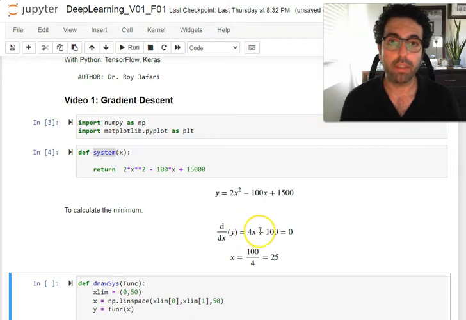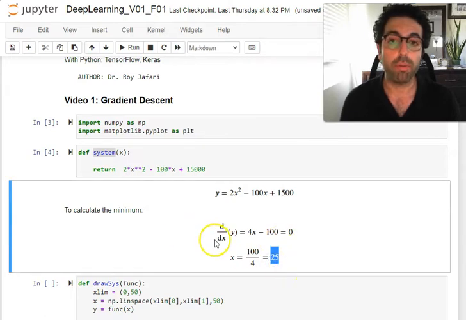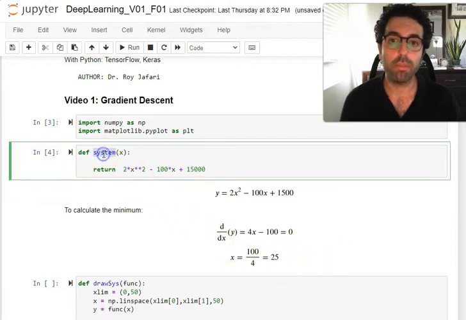When we calculate that derivative and equate the first order derivative to 0, it gives us the optimum point. The optimum point, which is the minimum here, is 25. So if we put x equal to 25, we know that our system is going to be at its minimum. So that's a mathematical way of going about this.